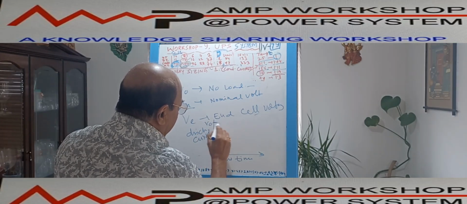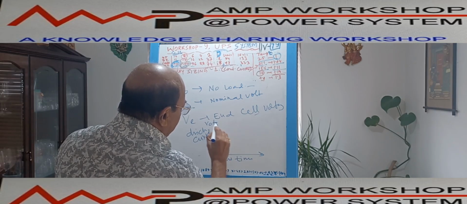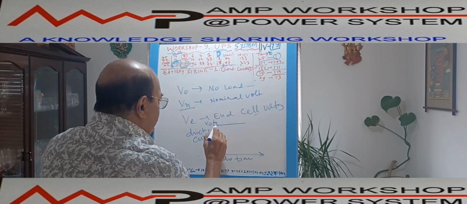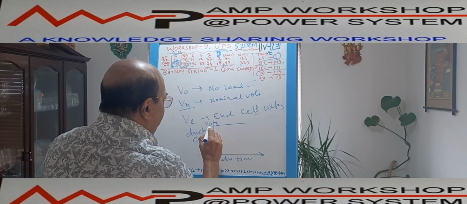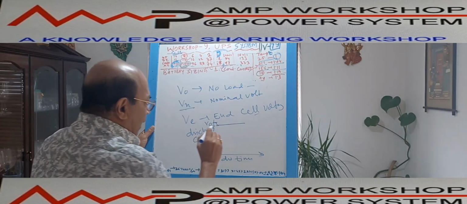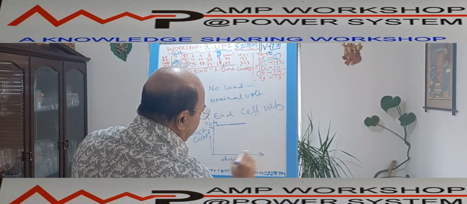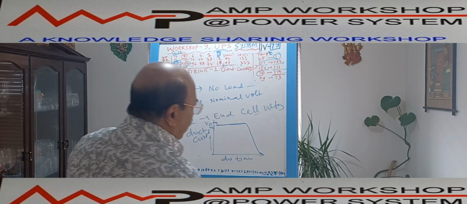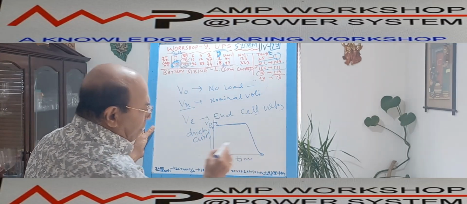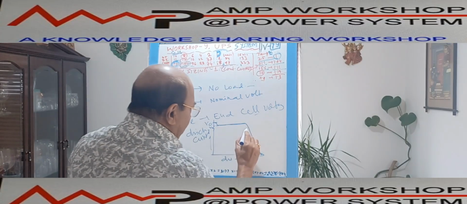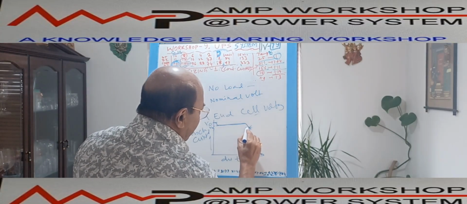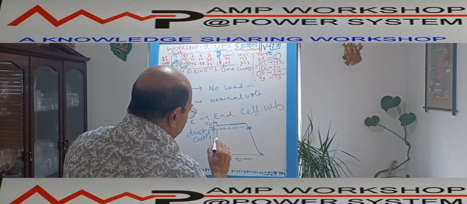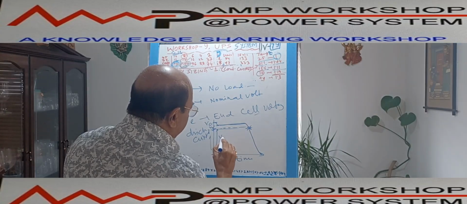The moment you connect the load, the battery voltage drops slightly from the no load voltage, then maintains constant over a period. This voltage, after it suddenly drops, is called the nominal voltage, and it is maintained over time. Then it discharges and goes toward zero voltage. During this dropping part of the characteristic, suppose I want to stop the discharging at this point. This voltage, at this point, will be called the end cell voltage, VE.